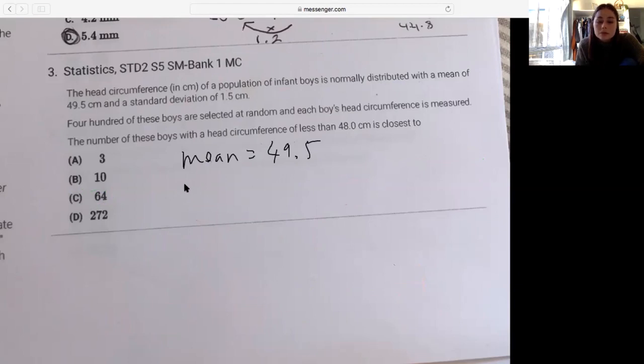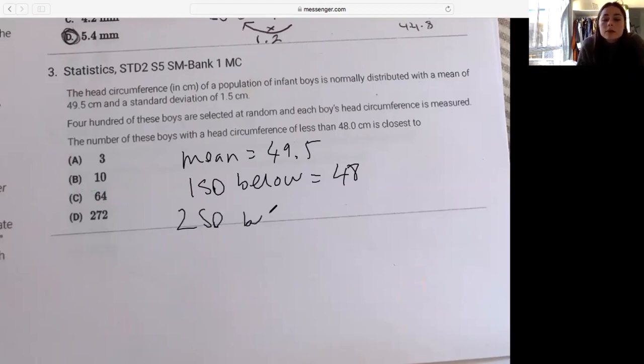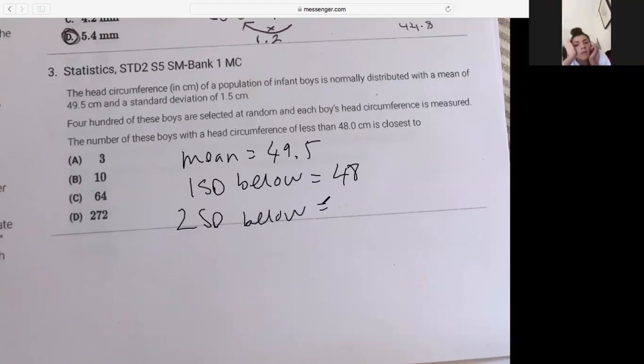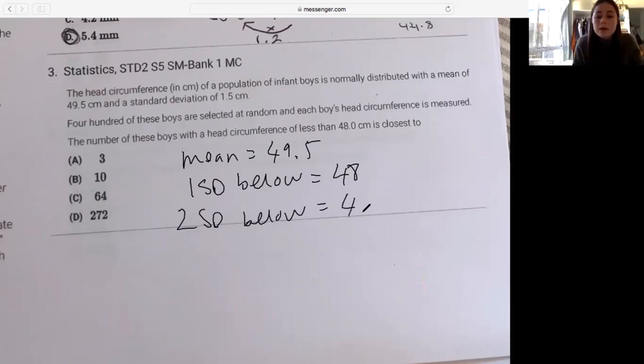So 1 standard deviation below would equal 48. And if that wasn't your number, then you'd have to keep going 2 standard deviations below until you got to your number. And so then what would be 46.5? And then you just have to do it in your head.